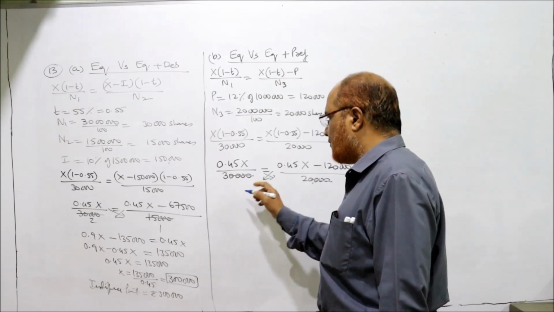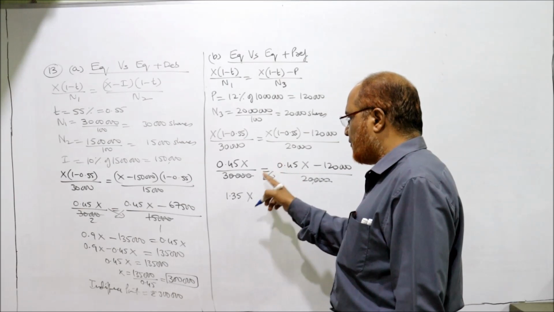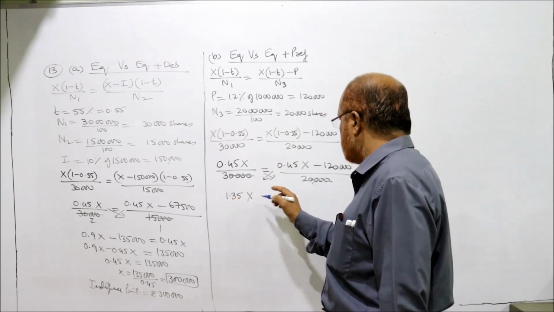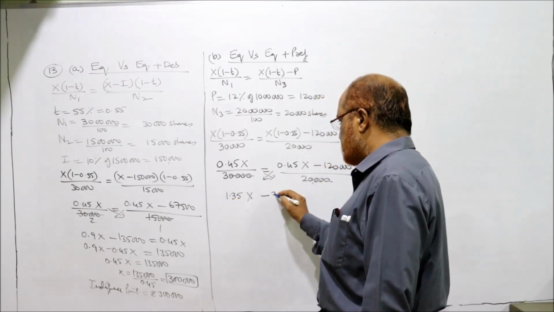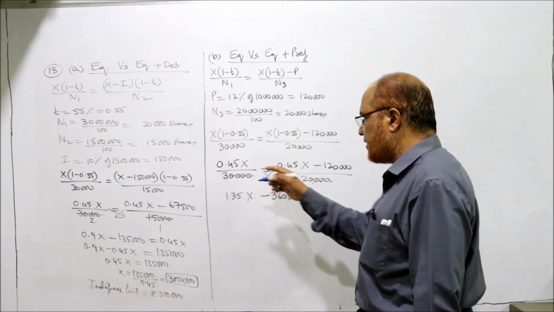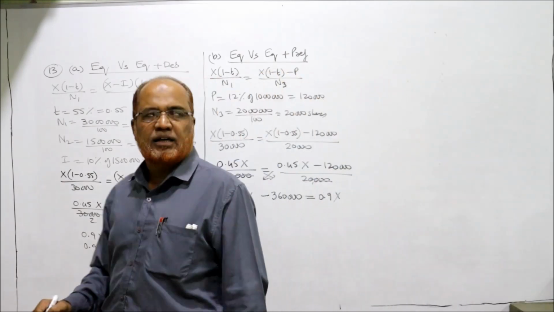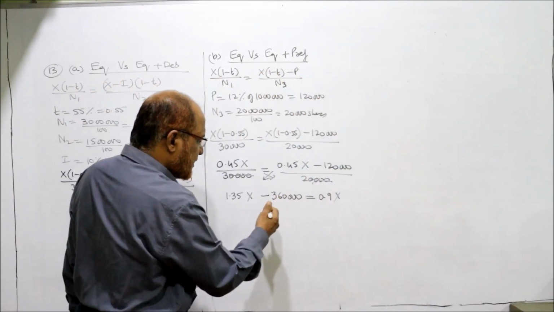3 into 0.45 is 1.35x, minus 3 into 1,20,000 is 3,60,000, is equal to 2 into 0.45, which is 0.9x. Now bring that 0.9x to LHS.